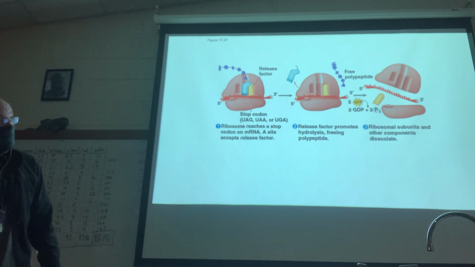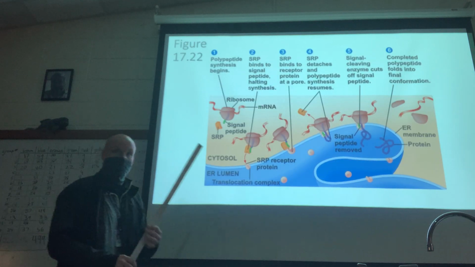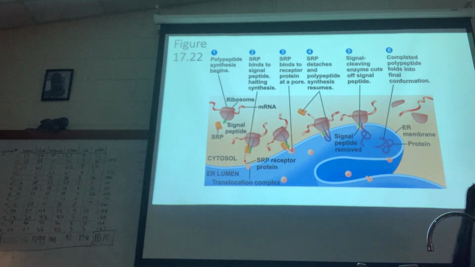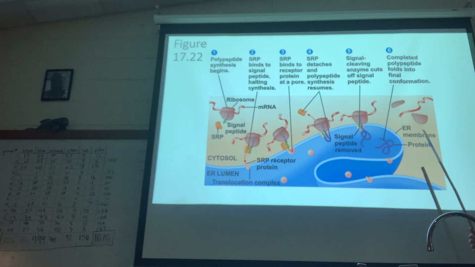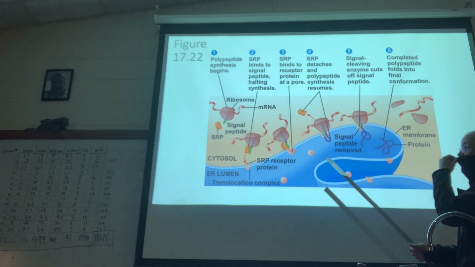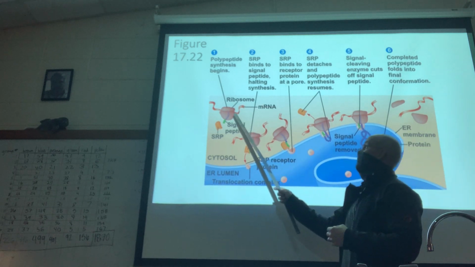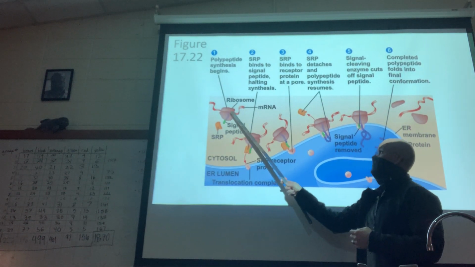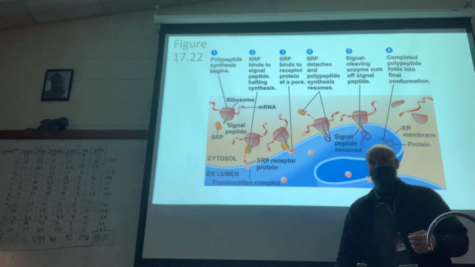And your book talks about what determines that. Now again, this might look like a lot of information and look very scary, but here's what we have going on. We have a ribosome reading a message, and it is making a protein.